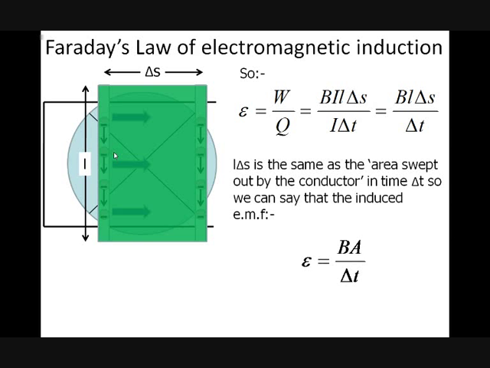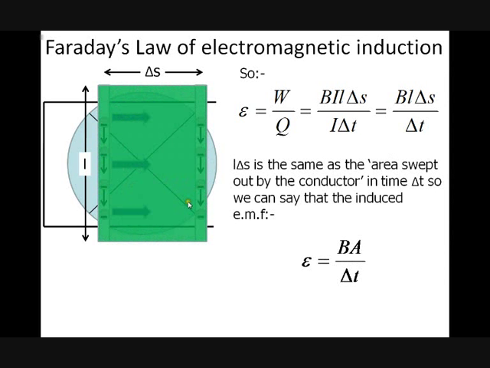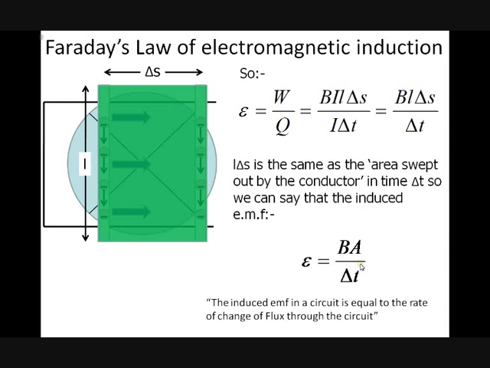What I mean by swept out is the area it moves through, because as this wire moves from this position to this position, it sweeps out an area equivalent to the green area. So I'm going to replace L delta S with A, meaning the area that the conductor sweeps out. So I've now got a formula that says the induced EMF is equal to BA divided by delta T.